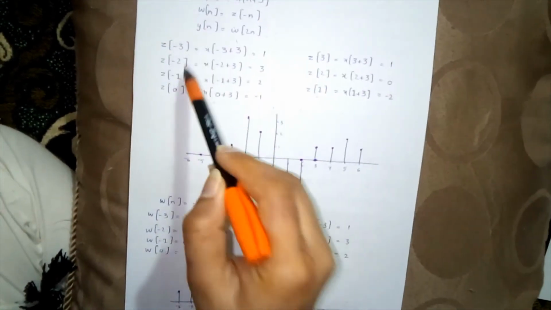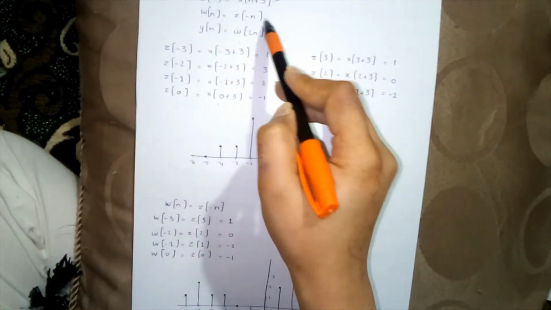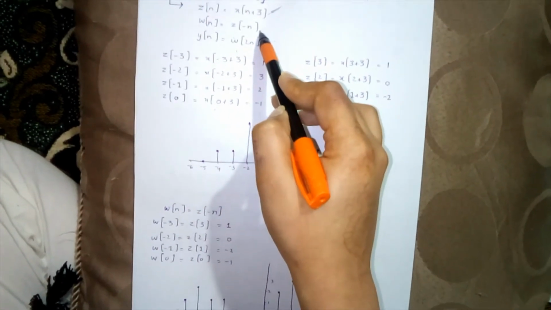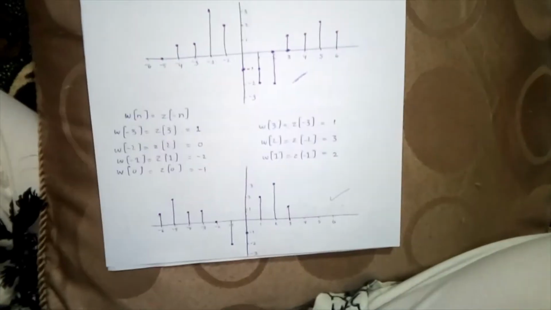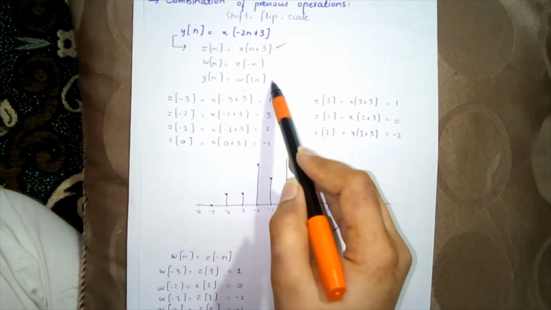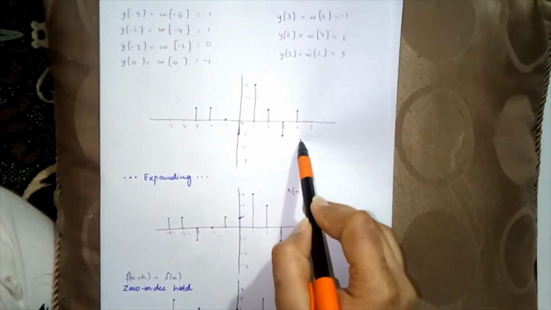If we put different values of n in this function, we get the shifted signal, and if we put different values of n in this function, we get our flip operation, and if we put different values of n in this function, we get this signal.